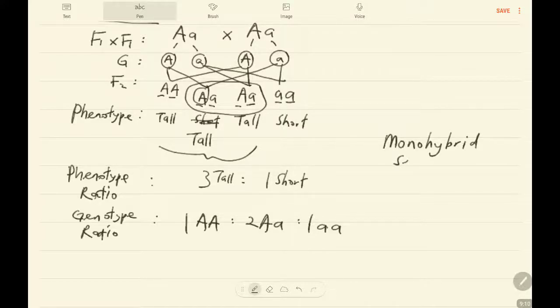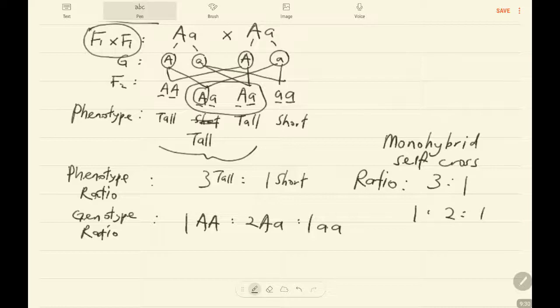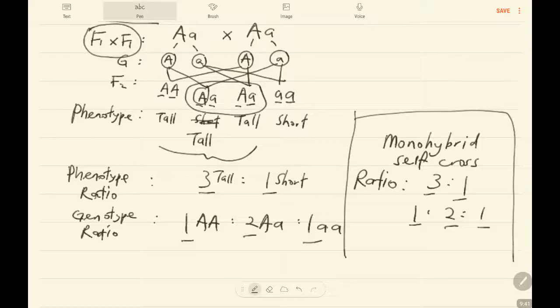Okay, monohybrid self-cross, because it is the F1 generation cross with F1 generation. So the ratio is 3, 1, 1, 2, 1. So 3, 1 stands for phenotype ratio. 1, 2, 1 stands for genotype ratio. Okay, so this is for monohybrid self-cross.